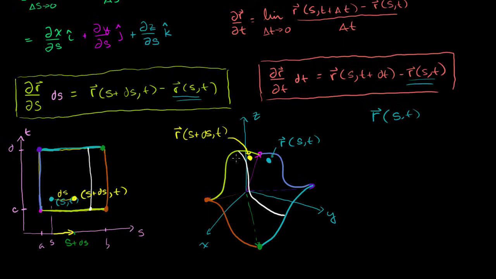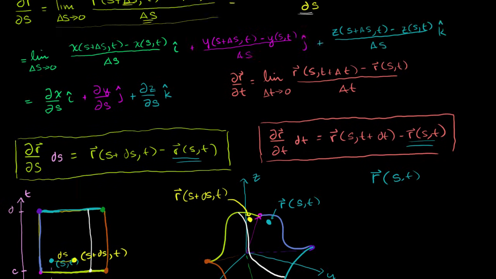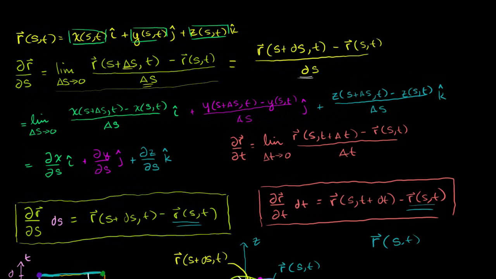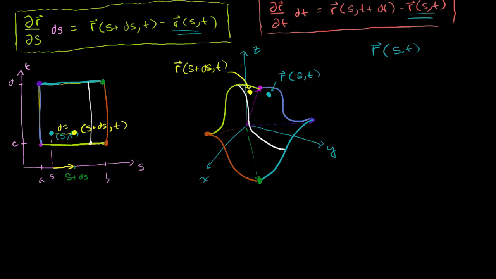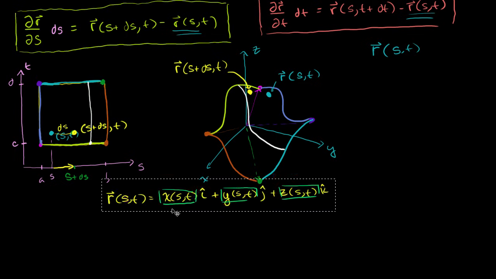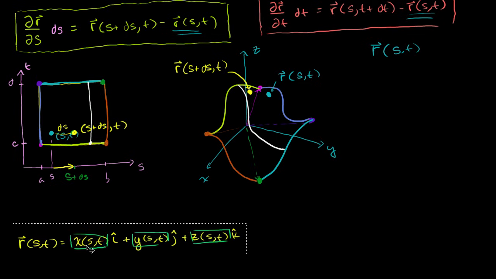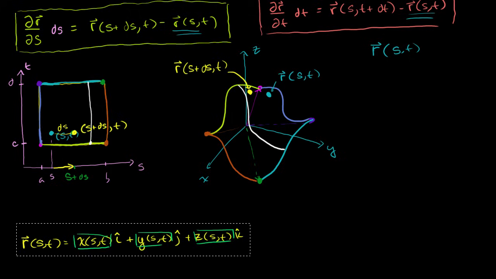And then when we map it, or put that point into our vector valued function, let me copy and paste the original vector valued function just so we have a good image of what we're talking about this whole time. Let me put it right down there.